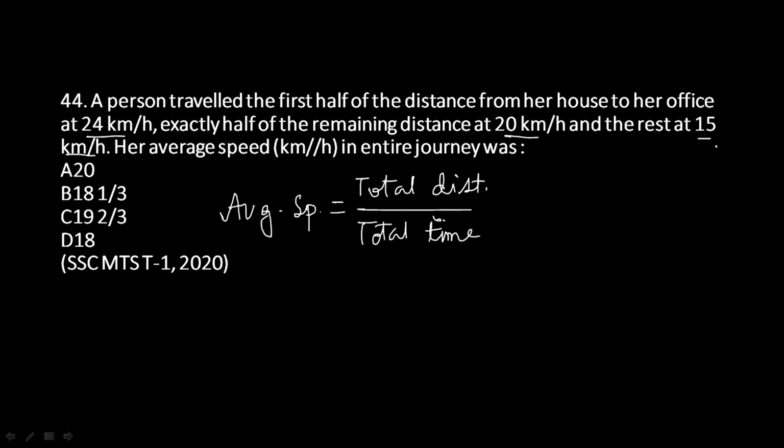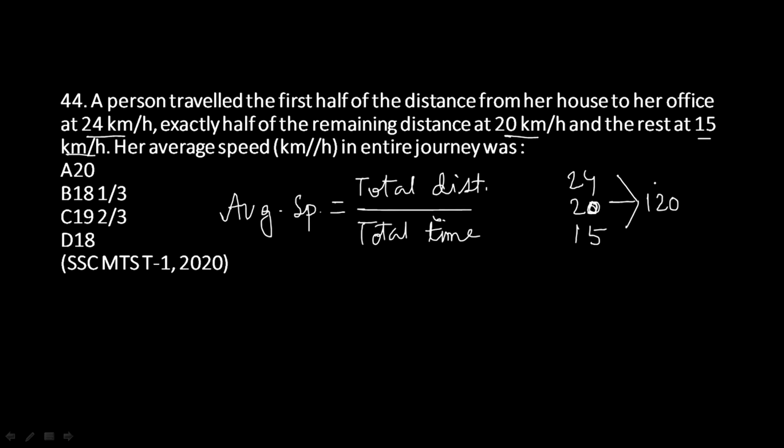We have discussed a similar question earlier where we got the total distance by LCM, the LCM of the given speeds, as we do in pipe and cistern and time and work too. So what is the LCM?